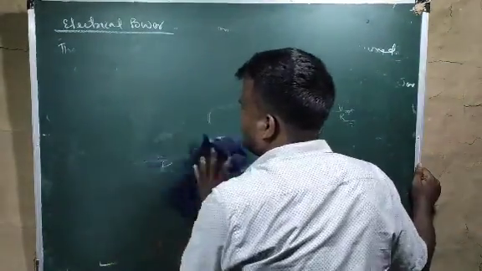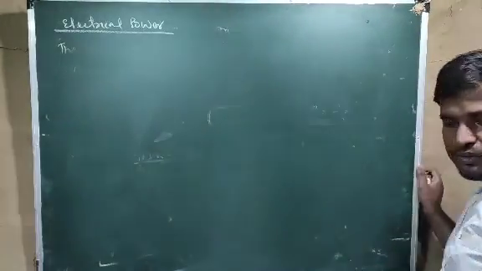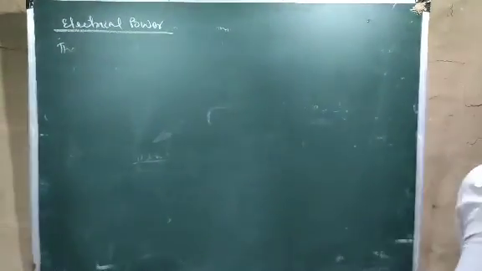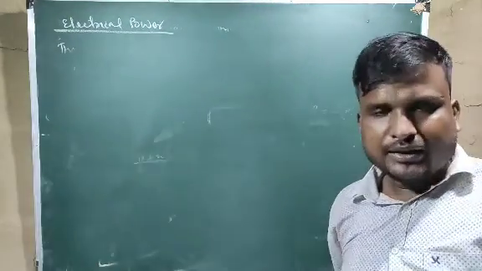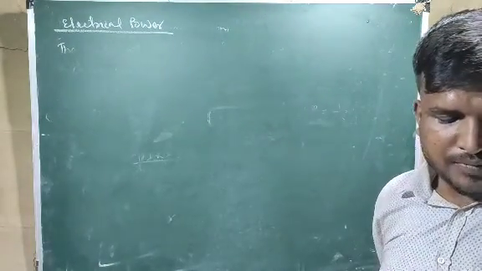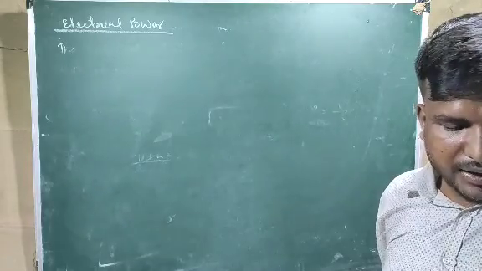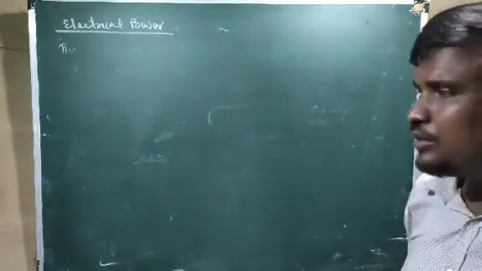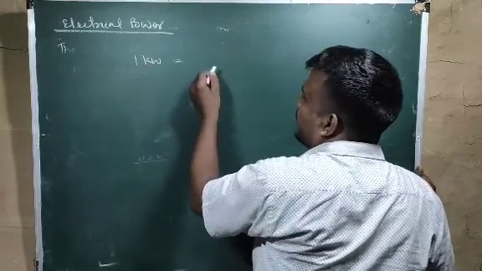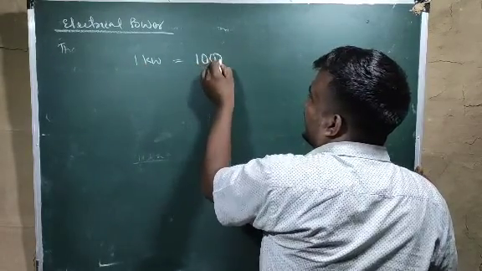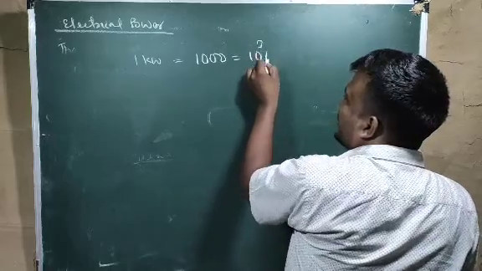Now, some more things are there here. The SI unit of power is watt, but 1 watt is a very small quantity. So normally we use 1 kilowatt. In 1 kilowatt, how much watt is there? 1000, that means 10 to the power 3 watt.